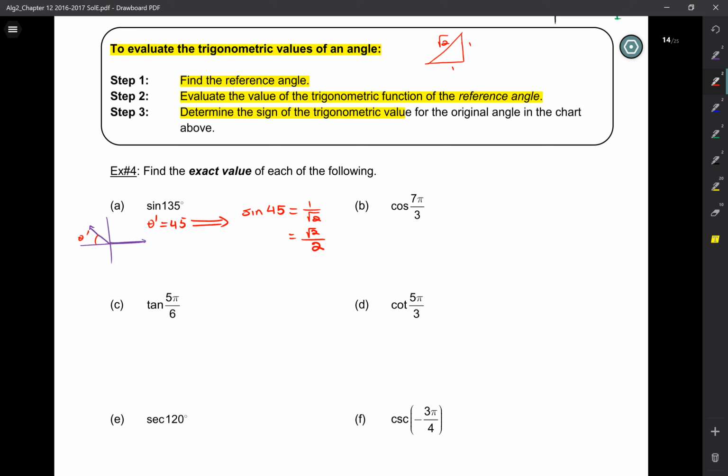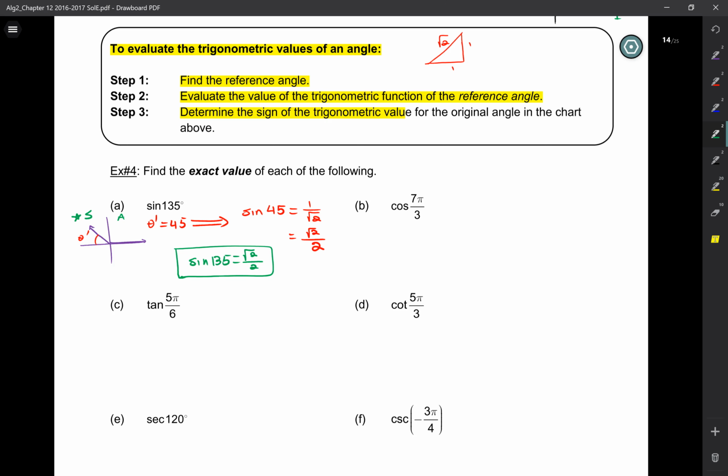Step 3. In this coordinate, is sine positive or negative? So it's all students. Sine. Sine is positive. So the answer, sine of 135, is root 2 over 2. Well, because the reference angle we found was 45.